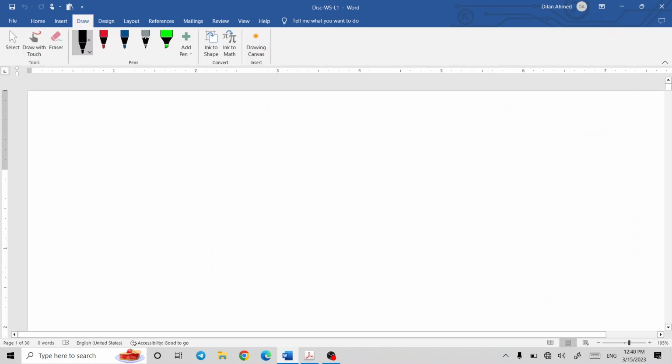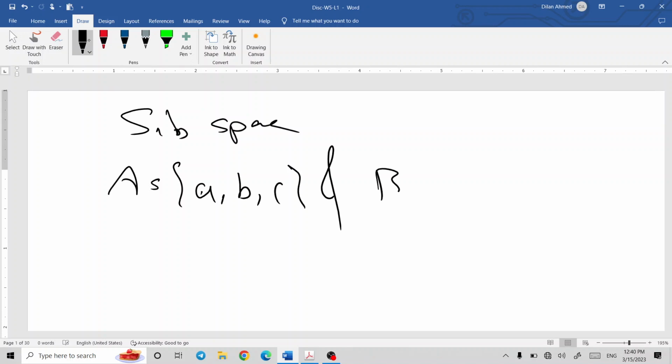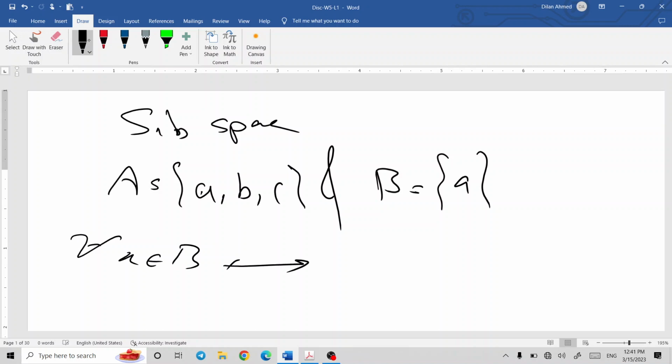Look at here, dears. For subspace, for example, we have a space A, and we have a smaller set B. We say that for each element in B, this element should be in A. What do you mean by that?